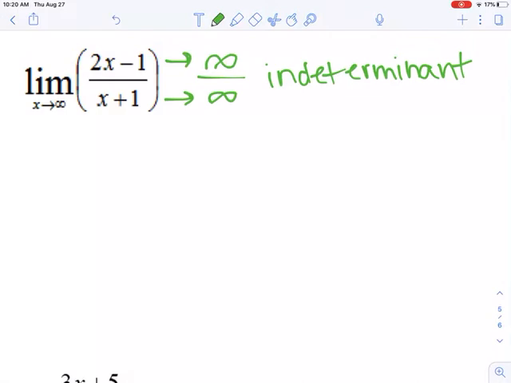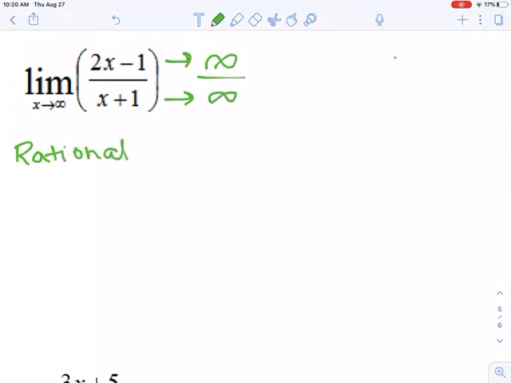This is what we call indeterminate form, which is also what 0 over 0 is. Okay, basically it's, we're stuck.